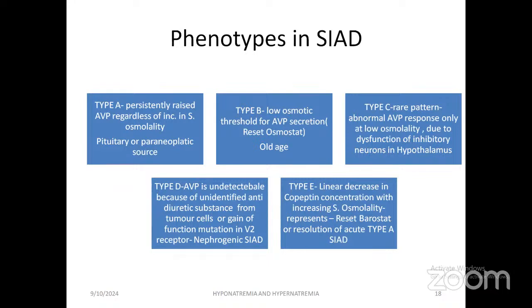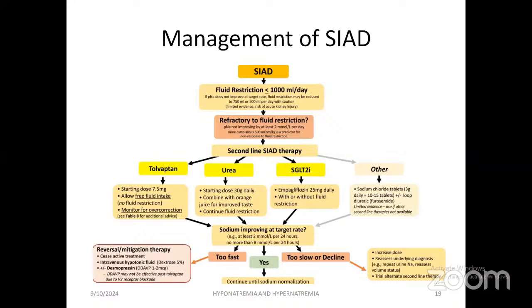In Type E, there is a linear decrease in copeptin concentration with increasing serum osmolality, which represents reset barostat or resolution of acute Type A SIAD.